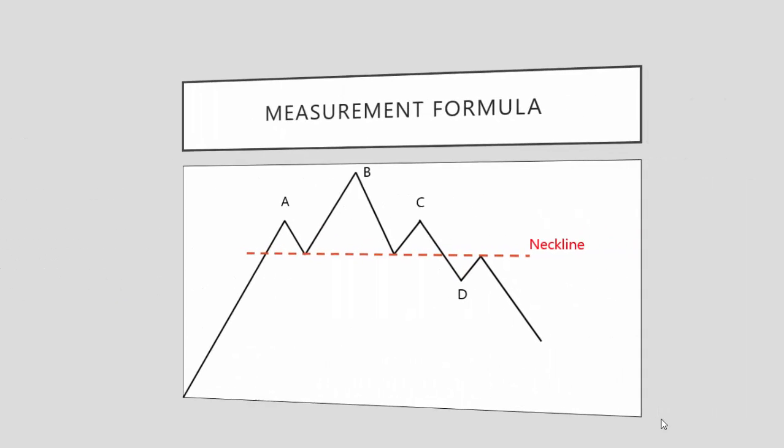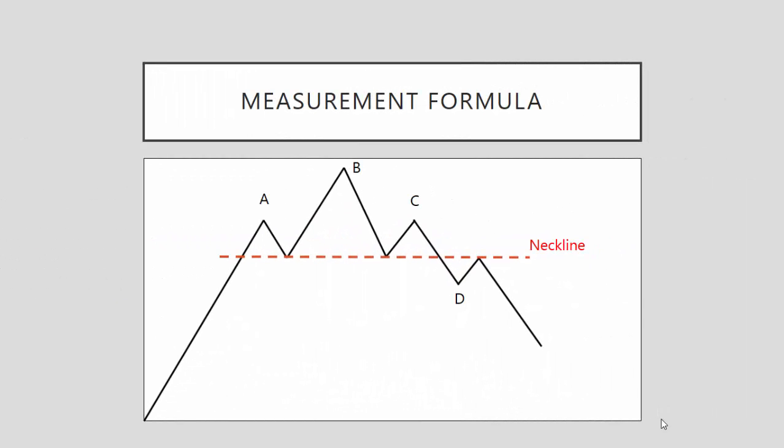After recognizing the pattern, we should know how much decline we can expect. Measure two amounts, and then the minimum target of the pattern would be the lowest of these measurements. Let's see it in a picture to have a better view. First, measure the amount from the top of the head to the neckline.